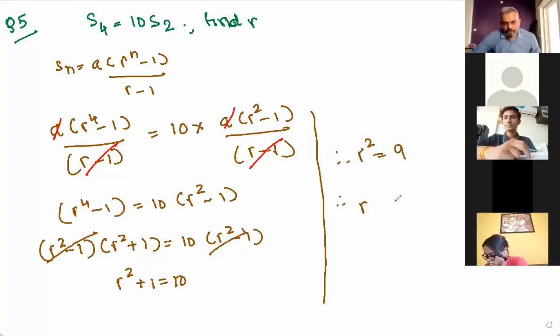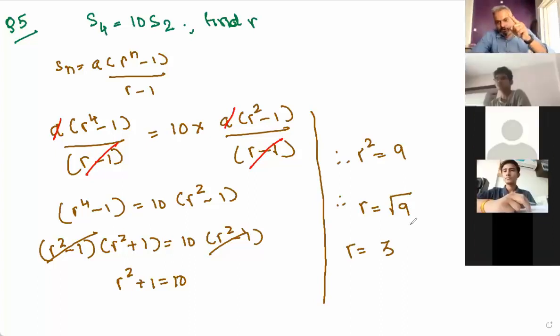Therefore, R is equal to under root of 9. So R is equal to 3 is wrong. What will be R equal to? Plus or minus 3. Please be careful in exam because minus 3 into minus 3 is also 9 and 3 into 3 is also 9. If you don't write plus or minus, your sum goes wrong.